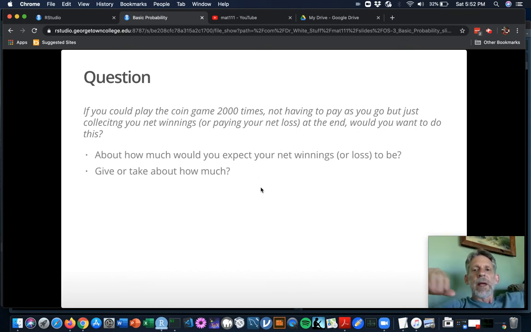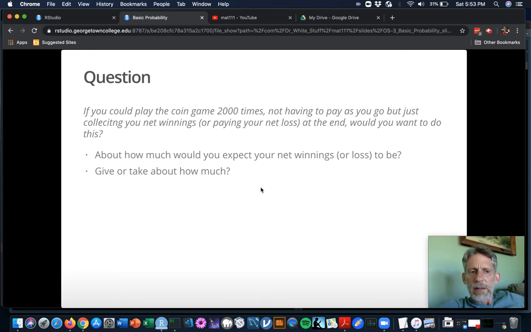And you didn't have to pay as you go, but you just collect your net winnings or pay your net loss at the end. So you don't need any money up front to cover you in case you lose $10 a lot at the beginning. You just let it go 2,000 times, and then somebody adds up all those 12s and minus 10s, and you either get the money if it's positive or pay that amount if it's negative.